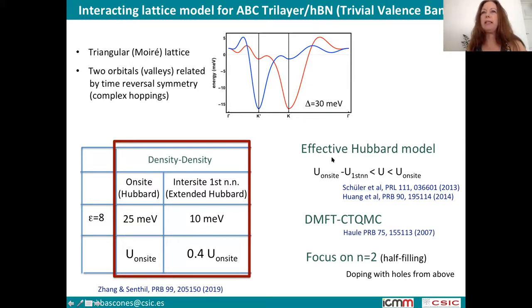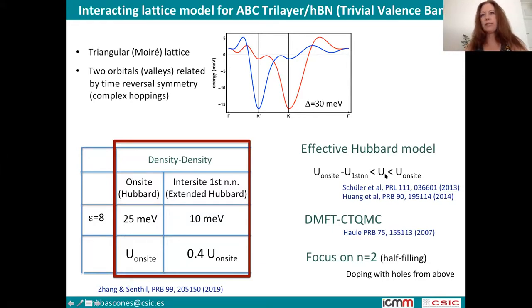It's known that if there is no charge modulation, the main effect of the first neighbor interaction can be, to some extent, at least as regards Mott physics, included in some effective Hubbard model.